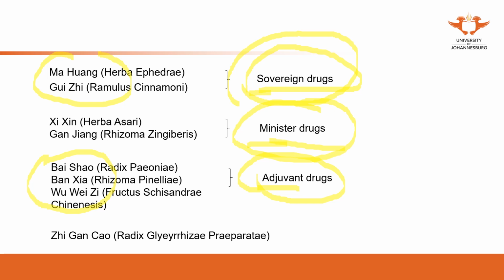We use 干姜 to warm the middle jiao. When we warm the middle jiao, you can also relieve nausea. 干姜, the ginger, also has the function of treating nausea or vomiting. So the minister drugs assist with the accompanying symptoms.